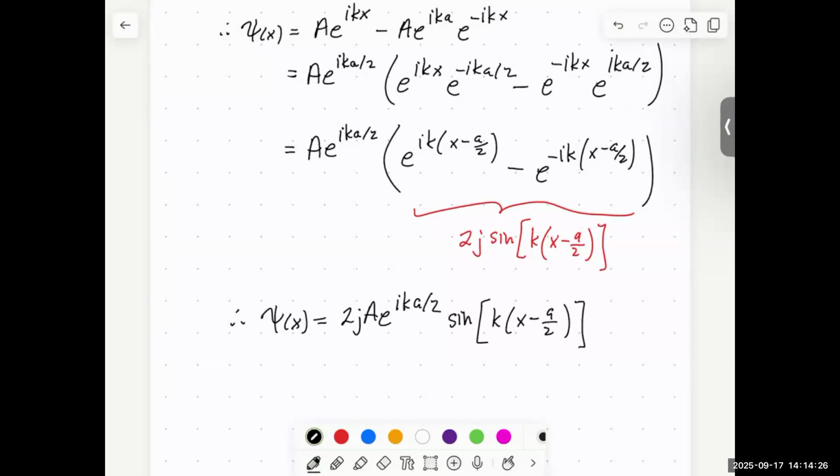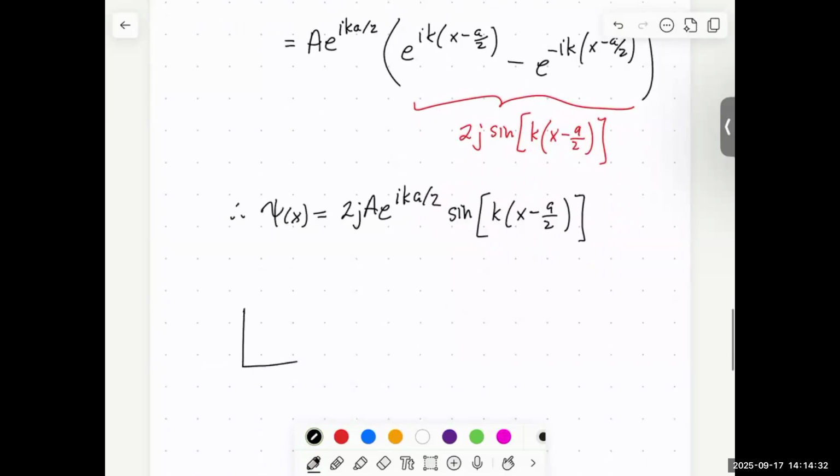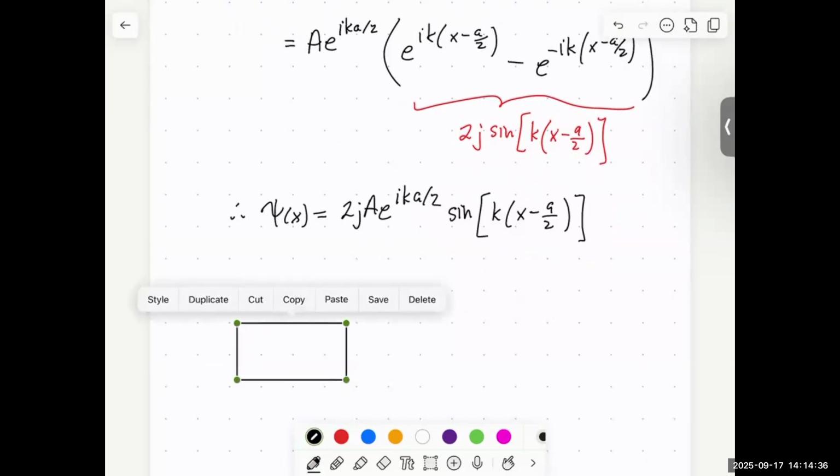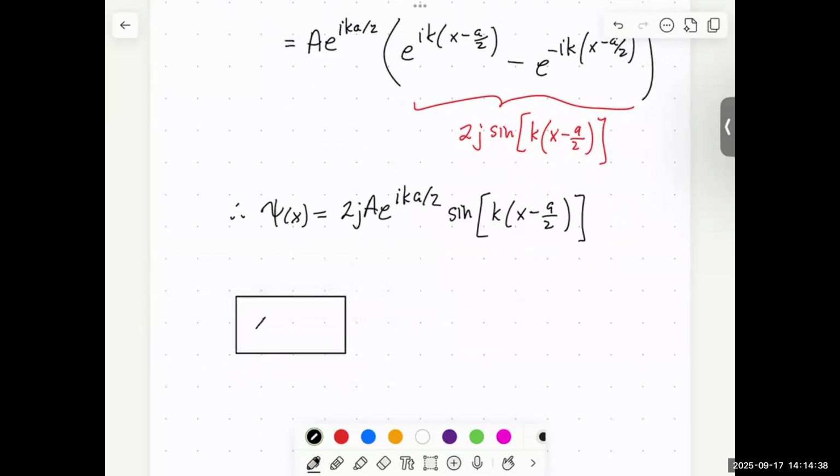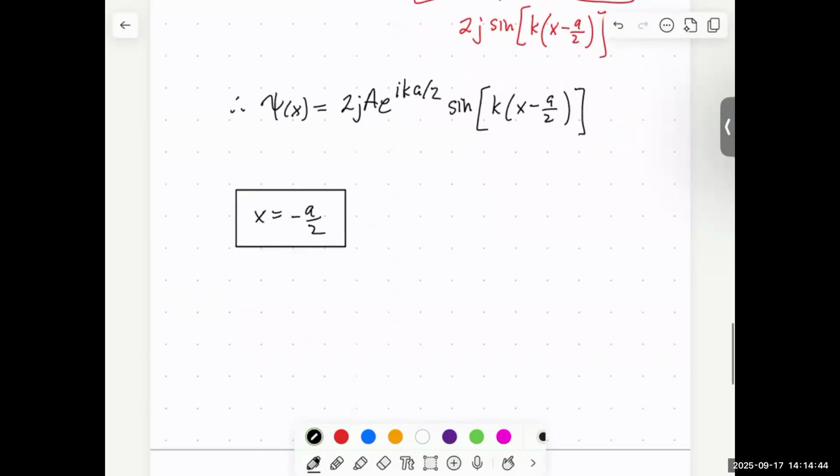So let's see if we can apply the next boundary condition. The next one is x equal to minus a by 2. So our other requirement is that psi at minus a by 2 has to be 0.